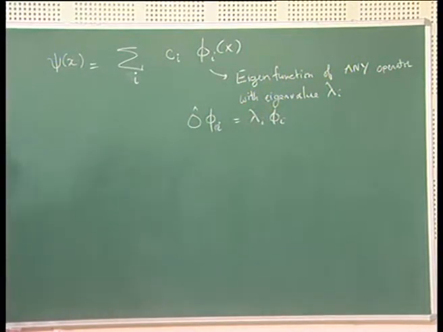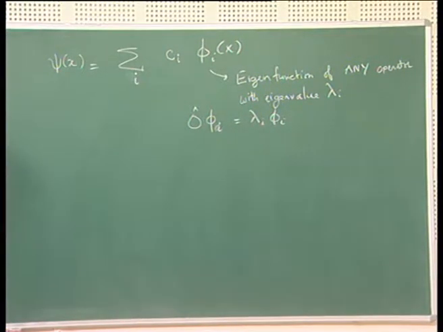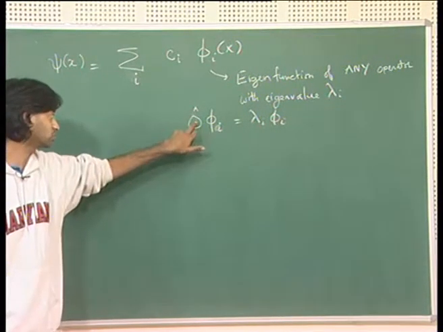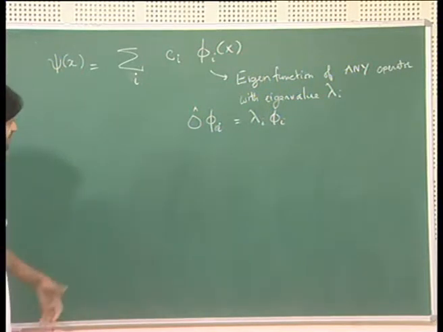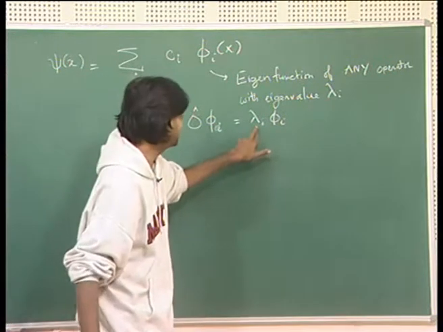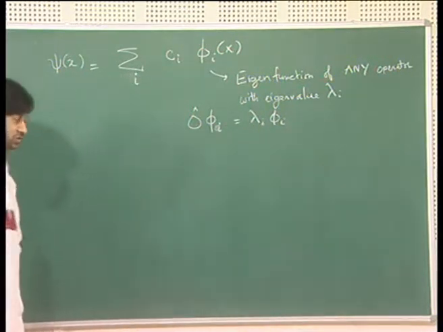Okay. Then furthermore, the theorem of quantum mechanics says that when you take a system in this state and you measure the value of operator O, which corresponds to the physical observable, you will see one of the eigenvalues. So, in any measurement you see one of the eigenvalues.